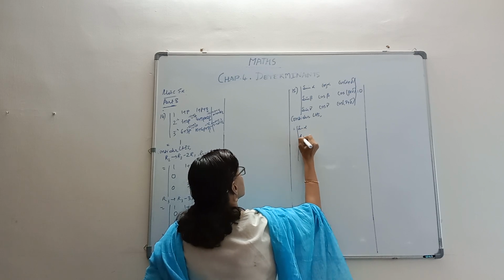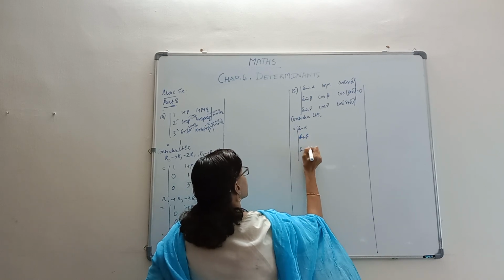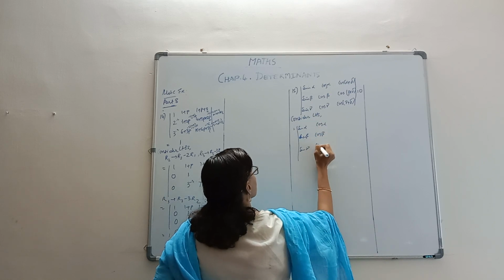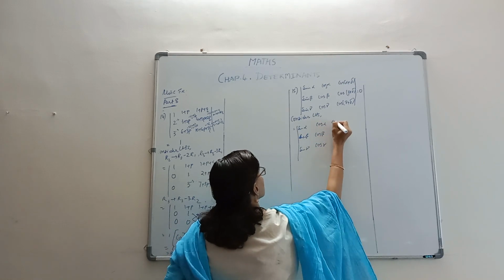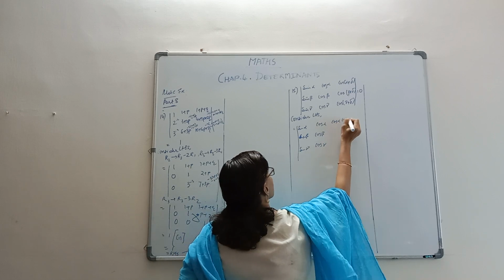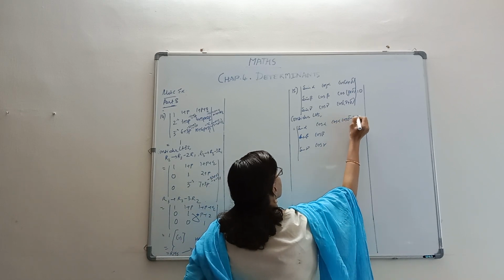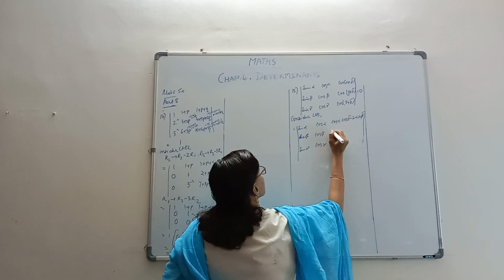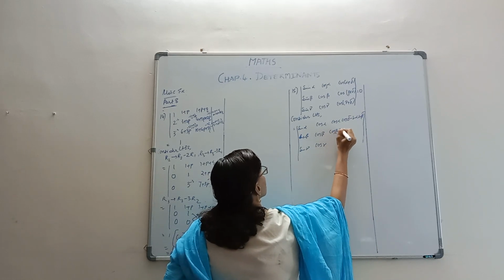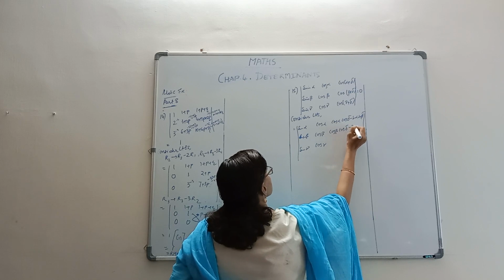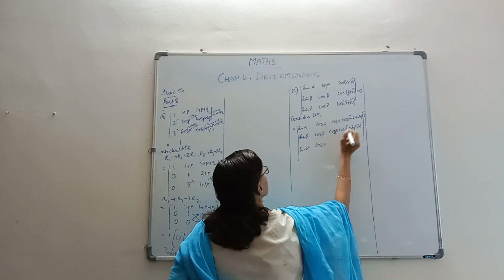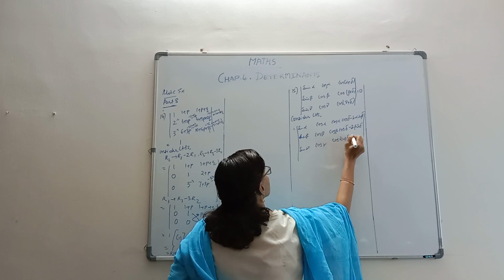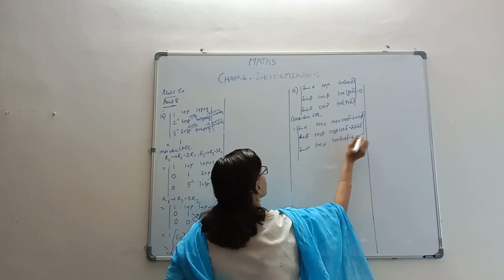Sin alpha, sin beta, sin gamma, cos alpha, cos beta, cos gamma, and the expansion here is cos alpha cos delta minus sin alpha sin delta, cos beta cos delta minus sin beta sin delta, cos gamma cos delta minus sin gamma sin delta.